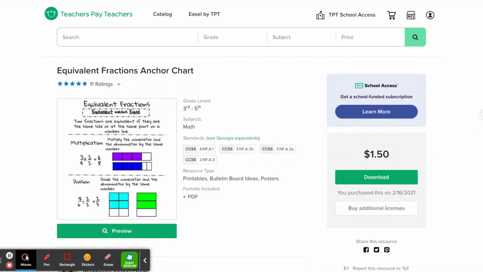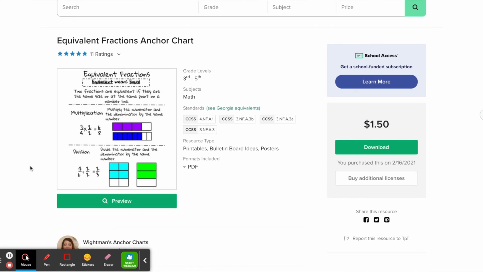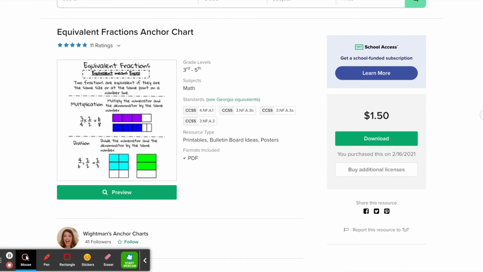So after students have explored in Brainycamp, if your class does an interactive notebook, I highly recommend you purchasing this equivalent fractions anchor chart because this will be a really good resource for your students to have so that they can know how to create equivalent fractions abstractly.